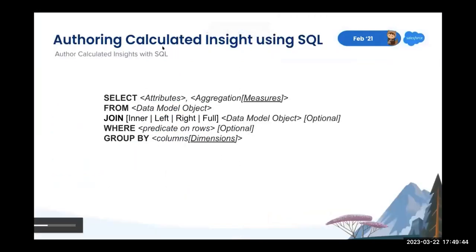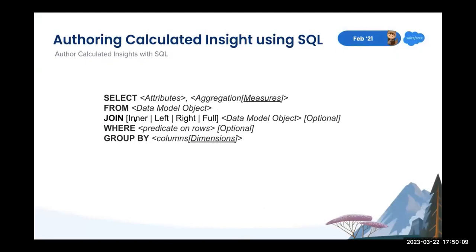The way you author your calculated insight, as I mentioned, is standard ANSI SQL. You start by writing a select statement and defining your aggregates. Then you define all of the data model objects that participate in creating this insight. You can define joins.